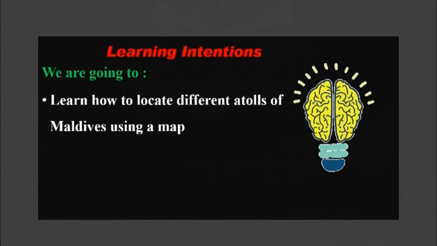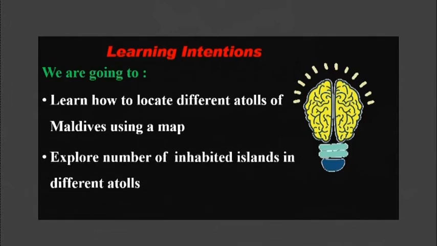Students, now the teacher is going to share the learning intentions and the success criteria for today's lesson with the relevant key competency. First, let's look at the learning intentions. You are going to learn how to locate different atolls of Maldives using a map and explore the number of inhabited islands in different atolls.